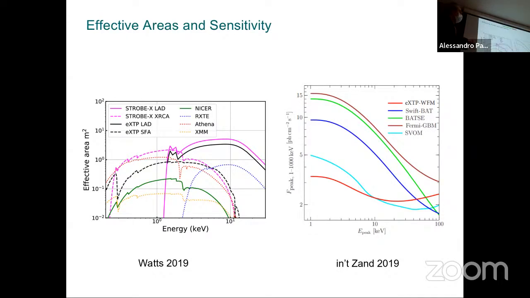And so you can see that the wide field monitor in red reaches basically a sensitivity almost at the bottom, which is good in the sense that it can detect the sources that have the lowest luminosity. It's very sensitive, and here is a comparison with other instrumentation that is currently flying or that will fly soon.